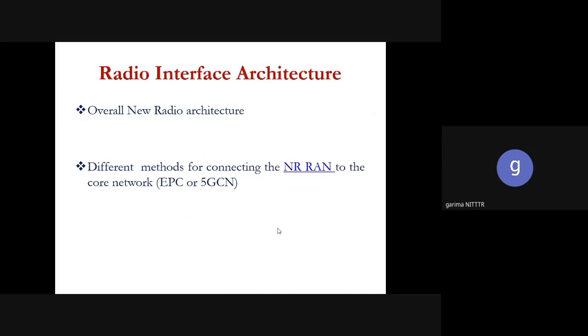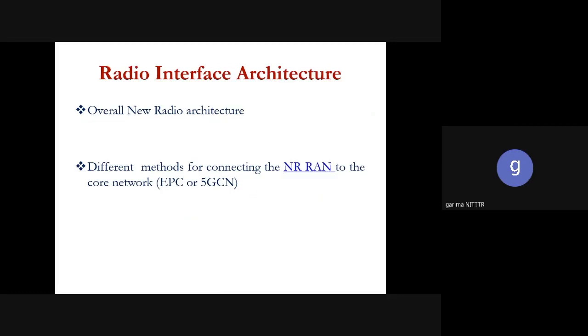Up till now, I have discussed 4G architecture, but many points of 4G architecture are common with 5G architecture, and only some functionalities are different. Those will be discussed in these slides now. The radio interface architecture names and notations have changed.